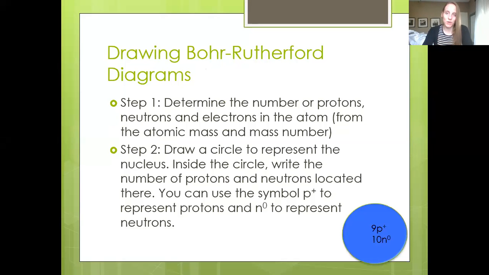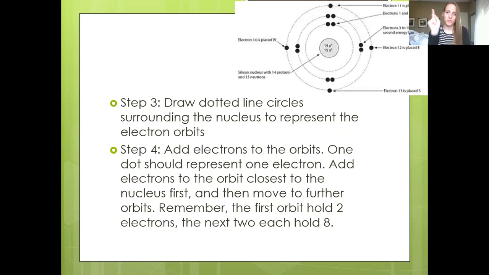So step one of drawing a Bohr-Rutherford diagram is to draw a circle to represent the nucleus, and then write the number of protons and neutrons inside. Again, the protons is just the atomic number, the neutrons is the atomic mass, or the mass number, minus the atomic number. Then we draw dotted lines to represent the orbitals, so those circle around the nucleus.